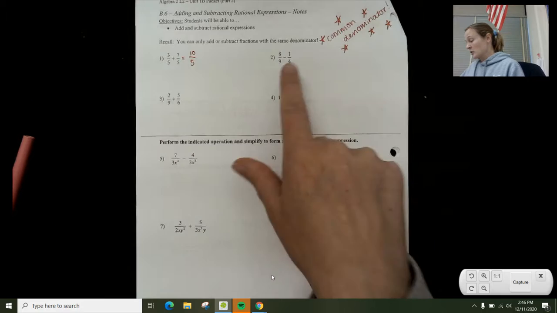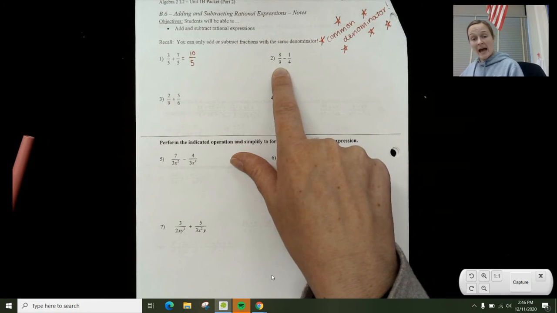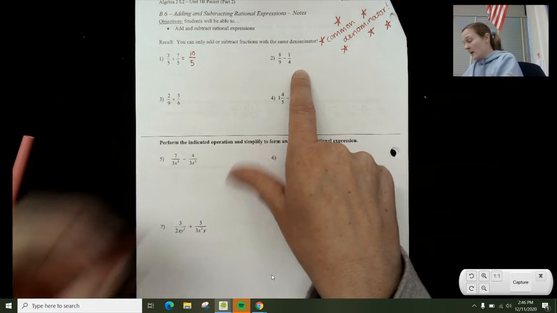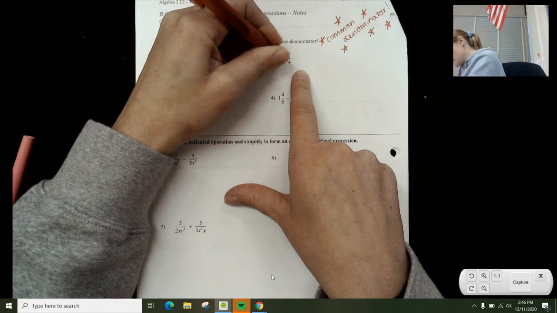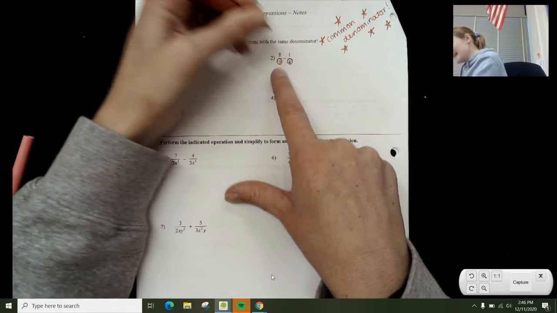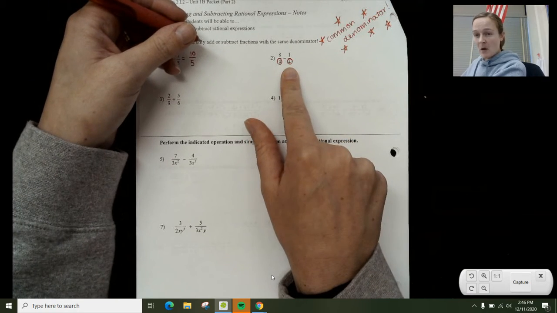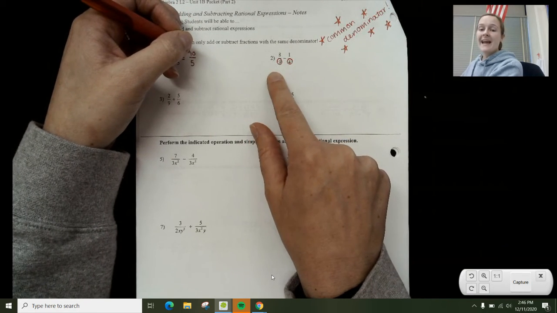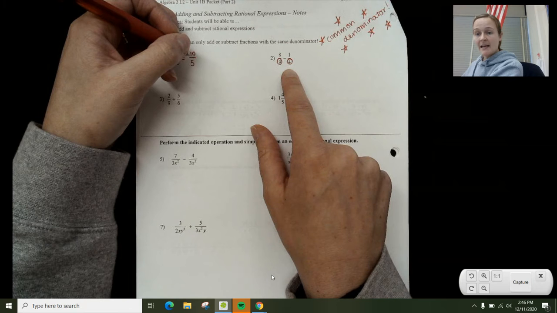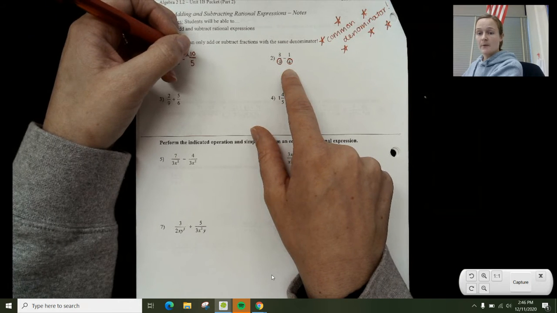So let's look at number 2. 8 over 9 minus 1 over 4. So the first thing I look to are my denominators, 9 and 4. So I'm thinking about what number both 9 and 4 go into that I can make this denominator equal to.